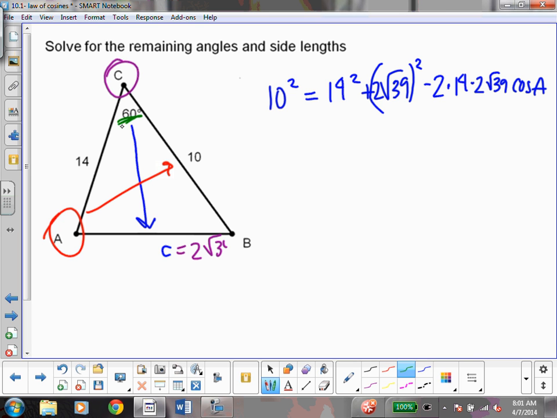My calculator will be in degrees because my first angle was given to me in degrees. Now I can apply some algebra. 14 squared plus the square of 2 root 39 is 352.